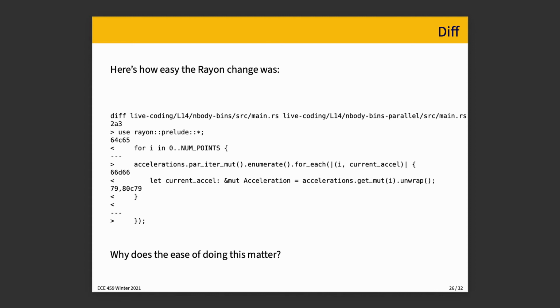And why does the ease of doing this matter? As we talked about, it saves on programmer time, but also every change that you introduce has some non-zero probability of introducing bugs, and bugs plural is intentional in that sentence, that a single change could introduce more than one bug. And those things have a cost.